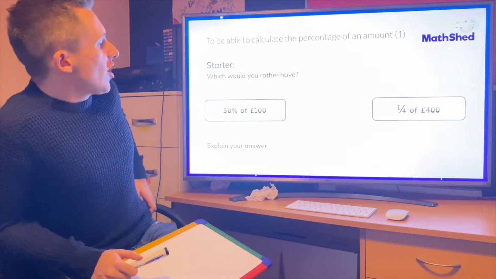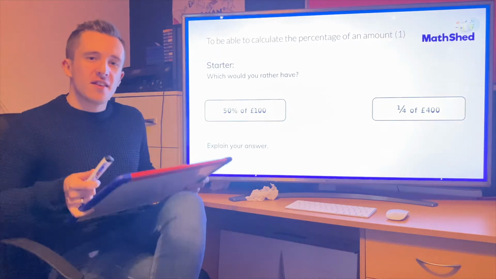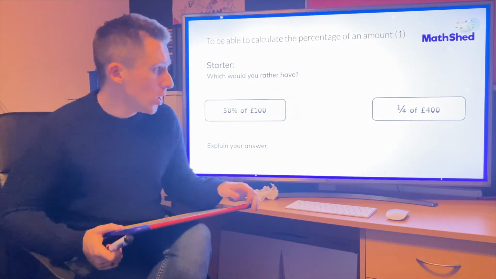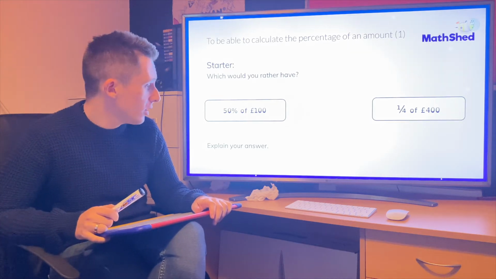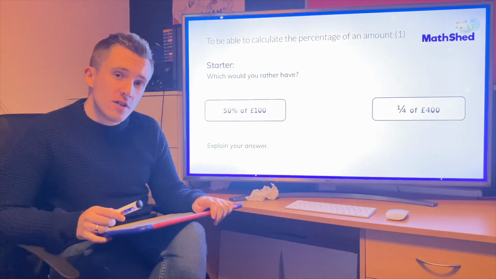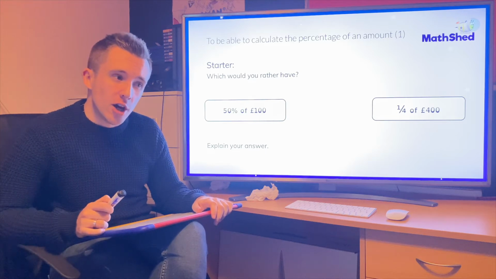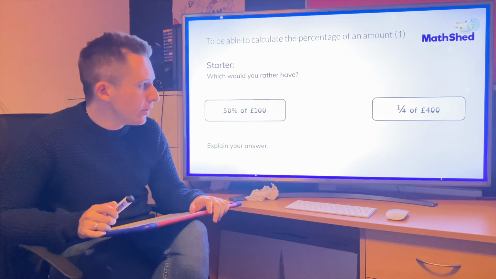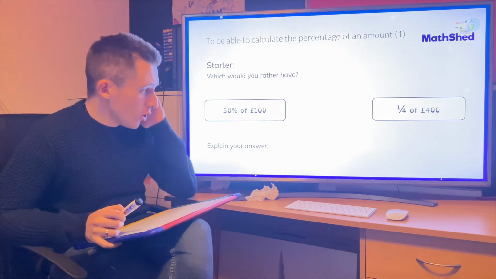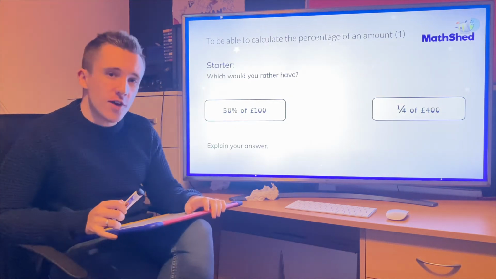So, to start, would you rather have 50% of £100 or a quarter of £400? Have a pause, see if you can work out which one you think you would prefer. Just to be clear, you're not getting either of them, but you know. Okay, so 50% of £100.